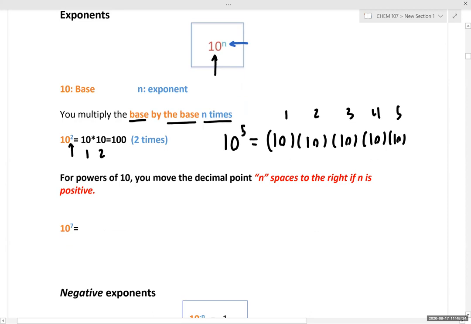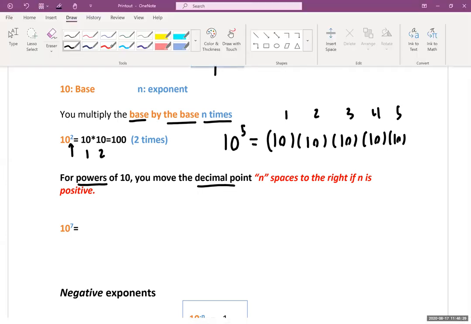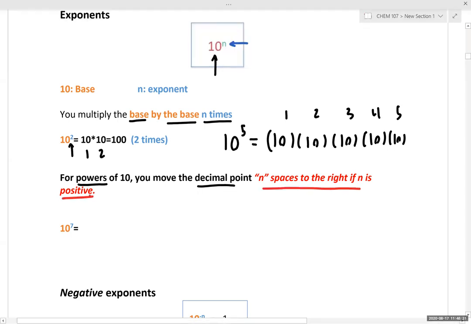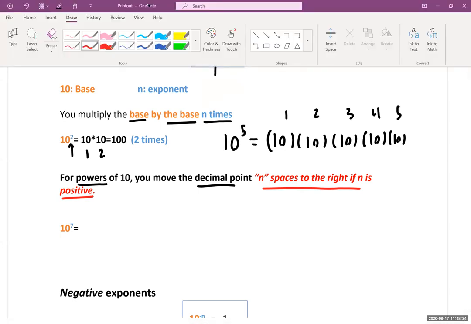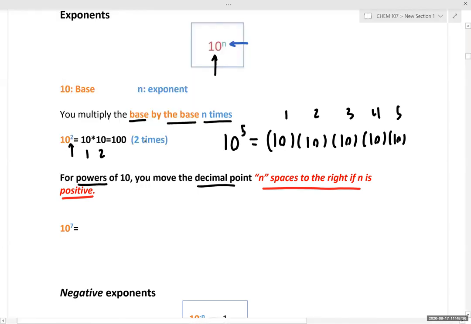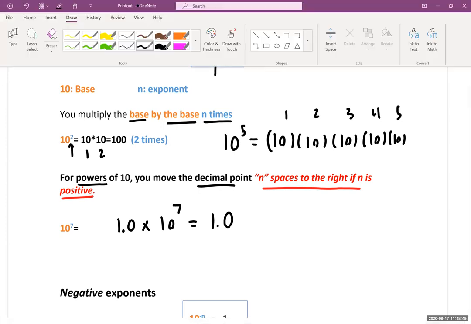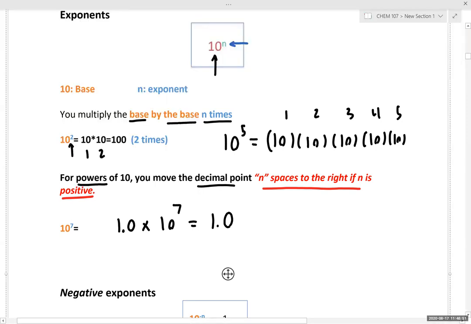Now, there's a trick. For powers of 10, you can move the decimal point n spaces to the right if n is positive. So for example, if we have 10 to the 7th, I'm going to write this as 1.0 times 10 to the 7th. And what we can do is take our decimal point, and if we're multiplying by a positive power of 10, all we have to do is move our decimal point to the right n spaces.